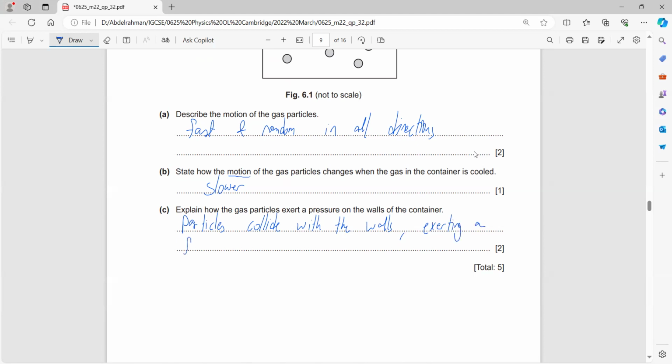Exerting a force over an area. And force over area is pressure.